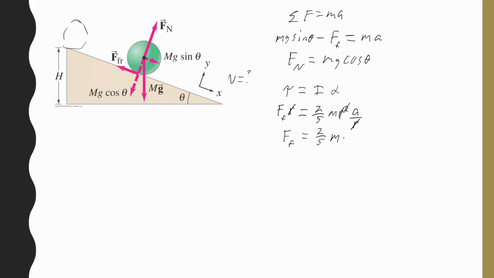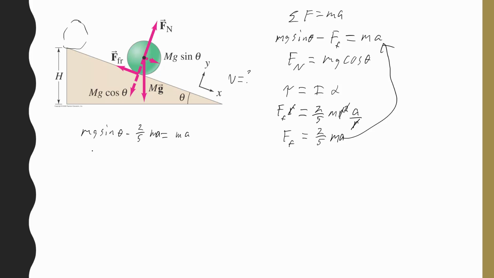Now if I go back and plug this into the first equation, I'll just rewrite it over here, so I've got mg sine theta minus 2/5 ma equals ma. Wait, I lost my a. Okay, so my a is still over here, which is good, because then I can combine these two terms.